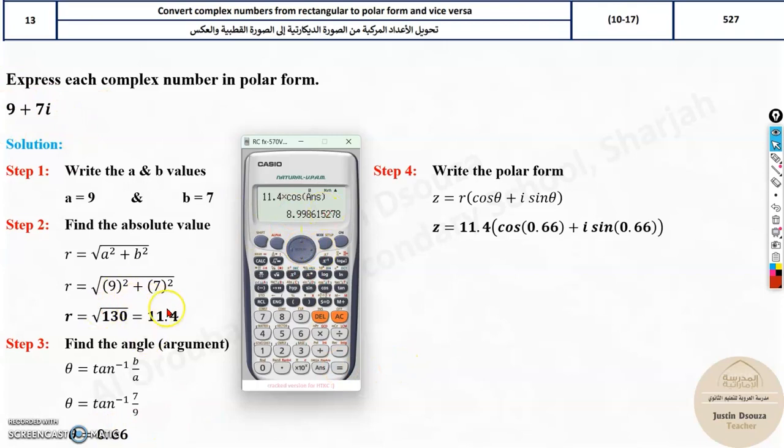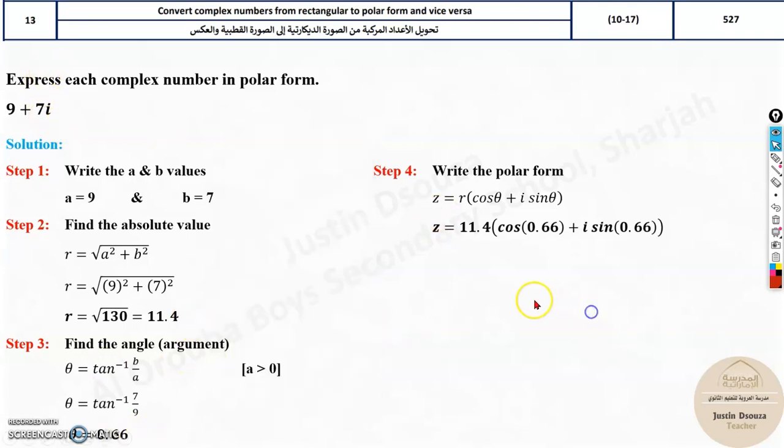Why? Because this is also not accurate enough. So I hope you're getting what I'm trying to say. If you put this first part, you will get the question back. It's almost close, but it's not the exact value. If you change it to sine as well, you should get the i part. That is over here. It's almost close, but not exact, because we don't consider all the decimal points.